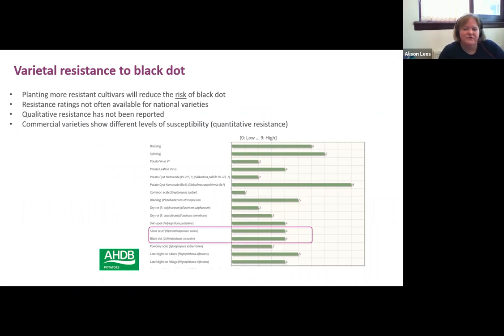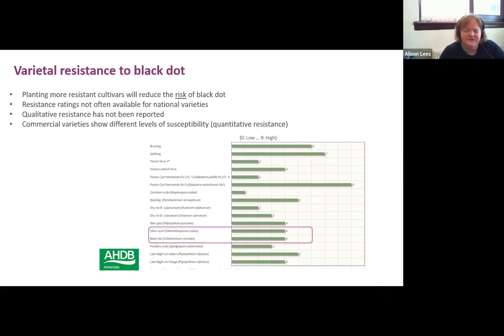One main way of controlling plant diseases, and the cornerstone of IPM approaches, is the use of resistant varieties. The planting of more resistant varieties will reduce the risk of black dot. However, resistance ratings are not often available for national varieties. Qualitative resistance has not been reported, and commercial varieties show different levels of susceptibility or quantitative resistance.